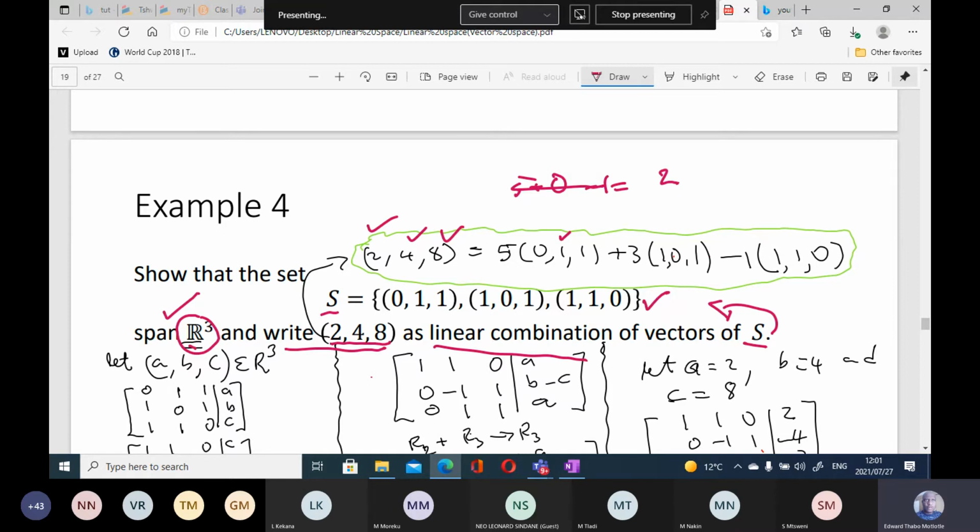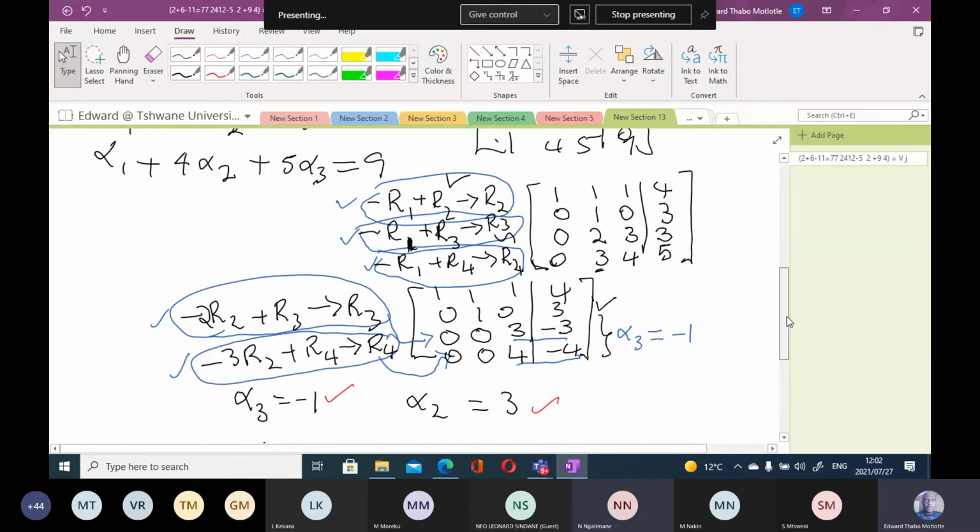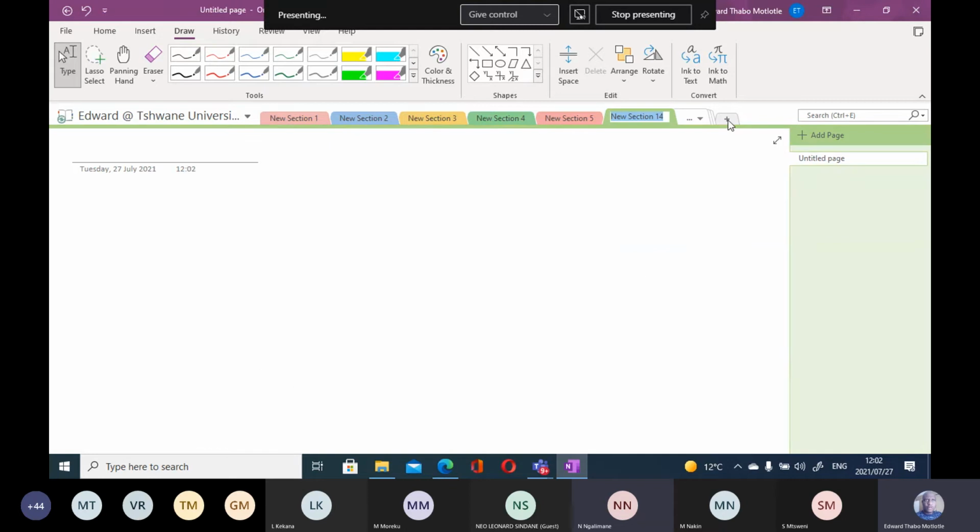I think I copied somewhere. Let's check if I copied correctly. Okay, this is 0, 1, 1, 0, 1, 0, 1, 0, 0. So what does R to the power of 3 mean? It's 3 dimension. Is it okay? My vectors are in 3 dimension.